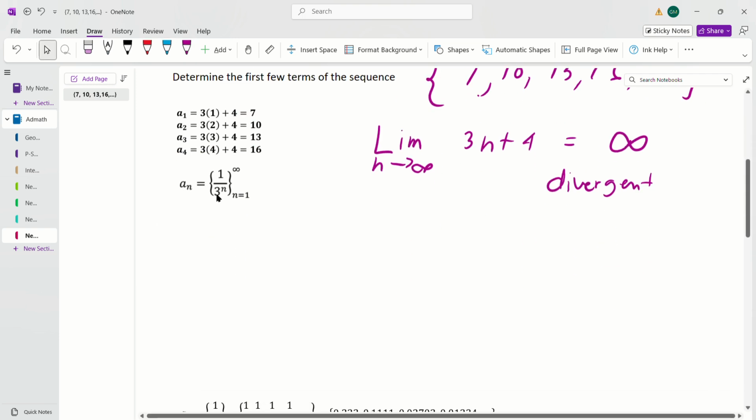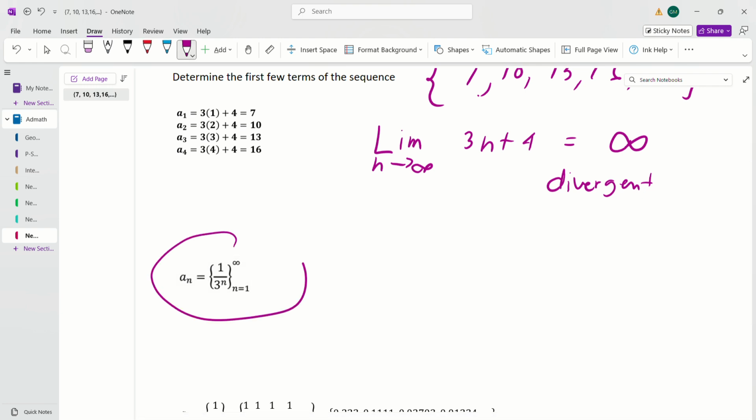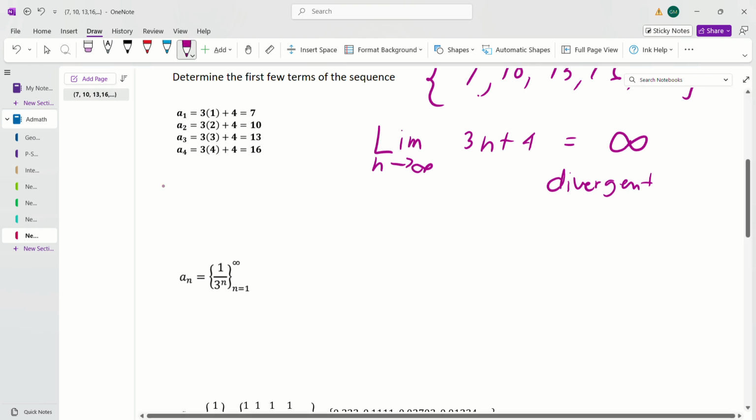Next, let's analyze another example. We have a sub n equals 1 over 3 raised to n, and we need to evaluate it from n equals 1 up to infinity.